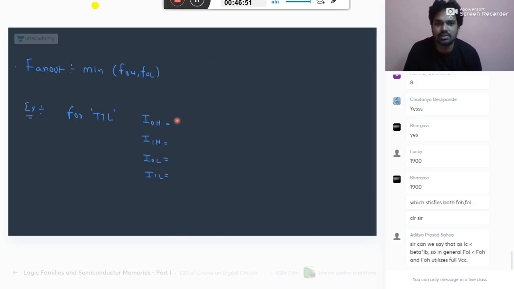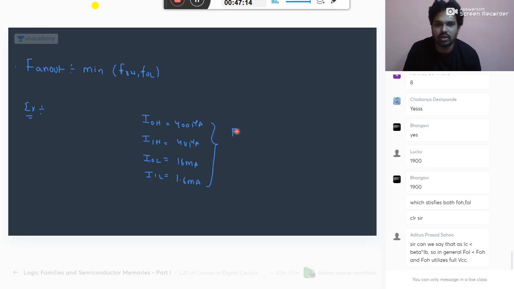IOH, for example, I am taking: 400 microamperes, 40 microamperes, 16 milliamperes, 1.6 milliamperes. Suppose this kind of example is there.